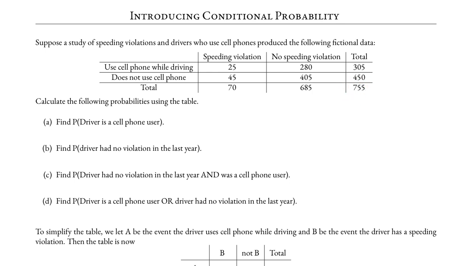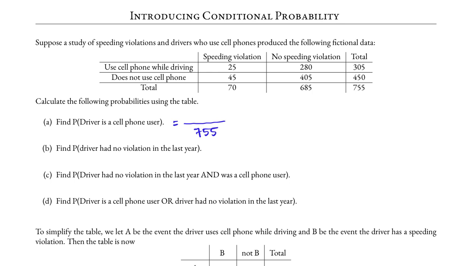Calculate the following probabilities using the table. Find the probability that the driver is a cell phone user. To find this probability, we will simply find the number of cell phone users divided by the total possible individuals included in this sample, which is 755.